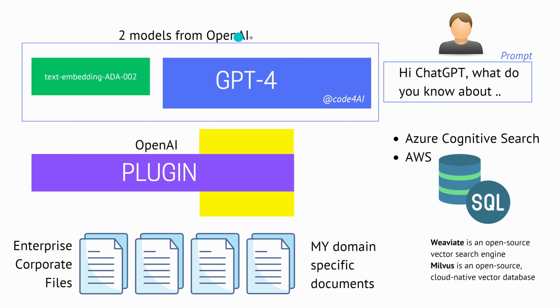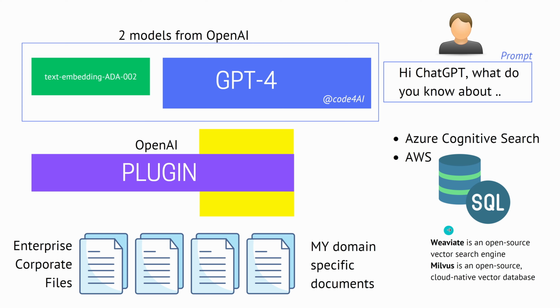So let's have a look where we are. We have two models from OpenAI. We have a plugin from OpenAI. We have enterprise corporate files. Those are my files, for example. And then we have a cloud solution either from Microsoft Azure. It's called Cognitive Search. I showed you in my last video. Or we go with AWS, also with here Postgres and the pgvector extension.